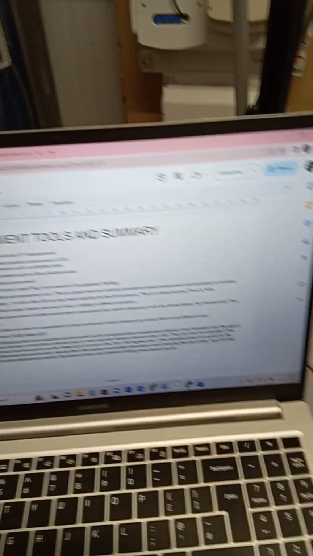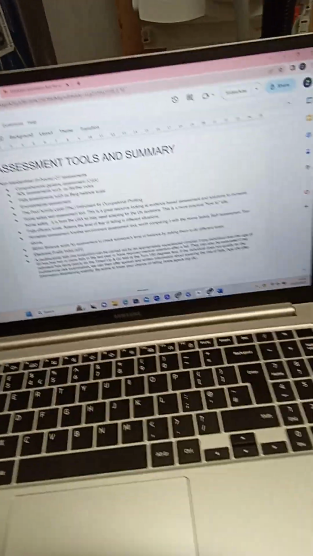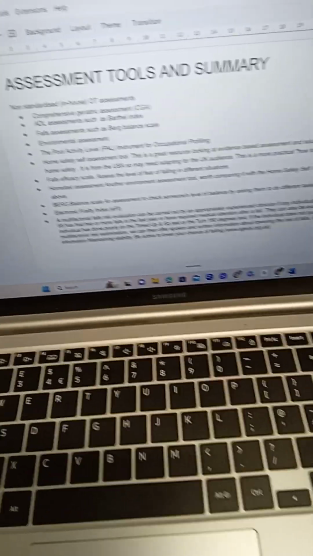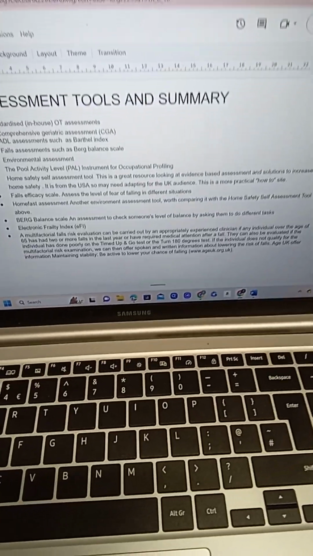Assessment tools. So I looked at a range of assessment tools that we could use based on Barbara's case study. So I looked at the CGA assessment tool. That was quite a well-recognised one.